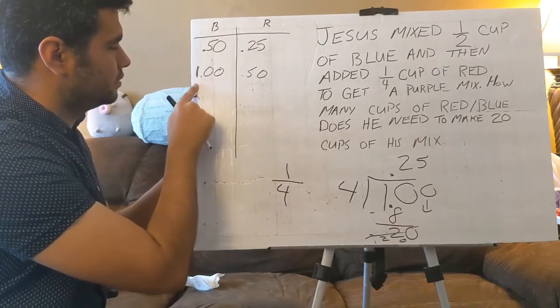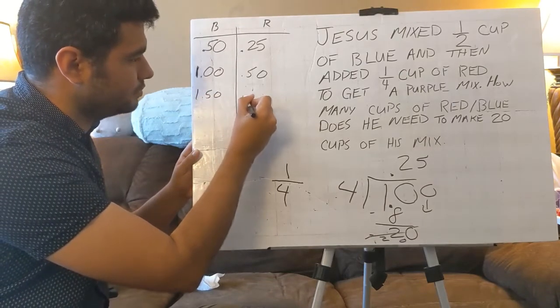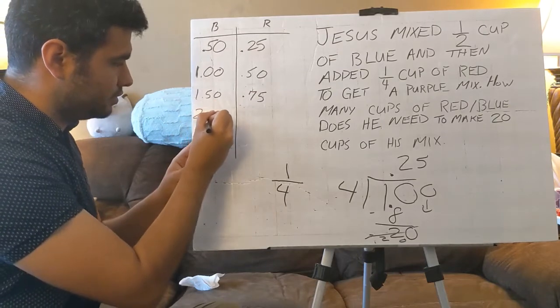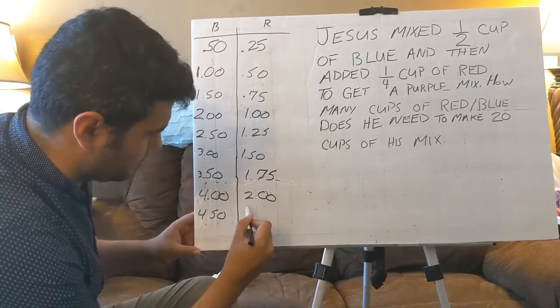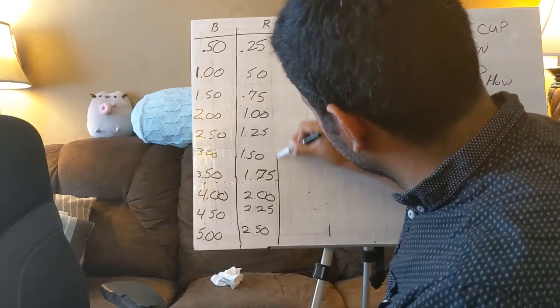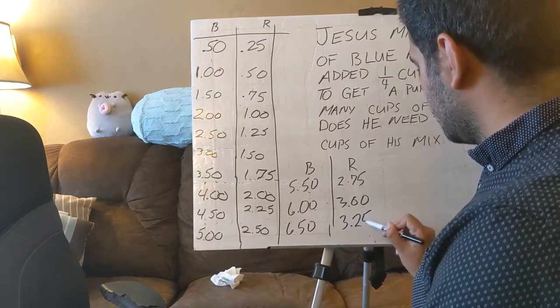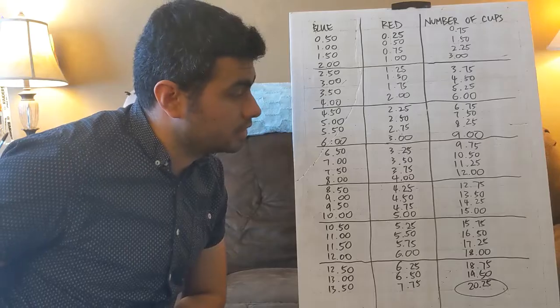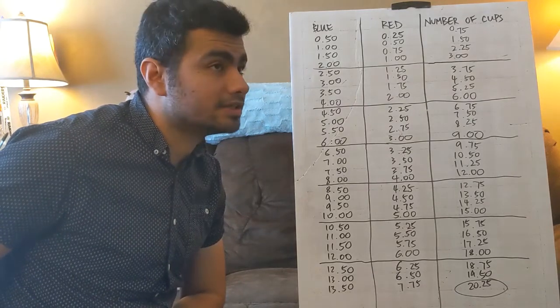That is, oops, 1.50. This is 0.75. It's going to give me 2. This is going to give me 1. Alright, completely ran out of room on the other thing. So we redid this. Okay.